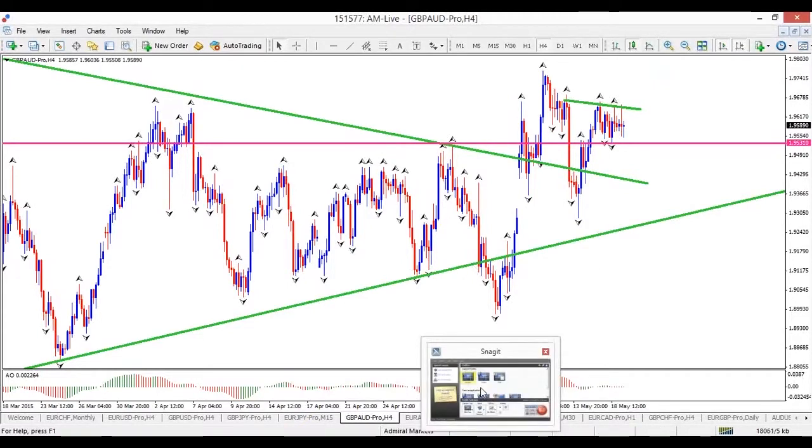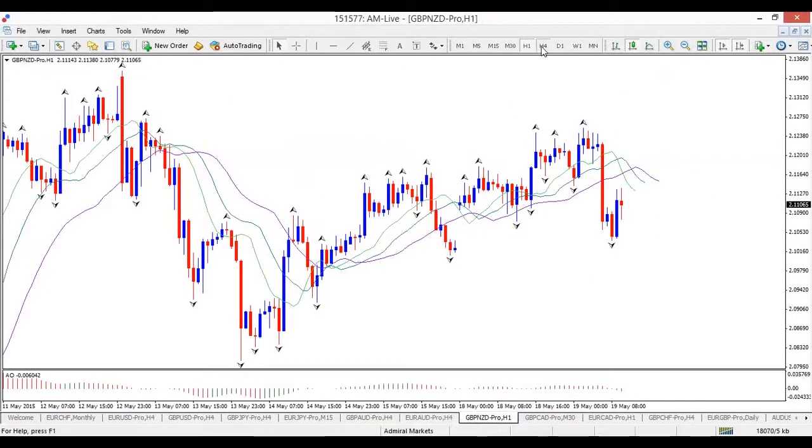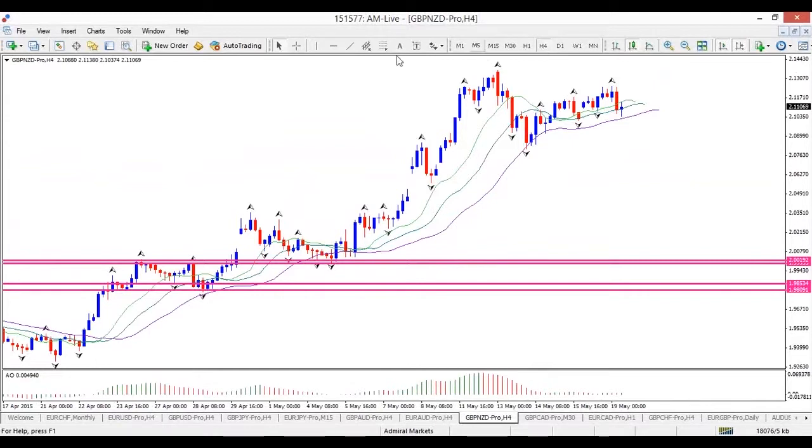Okay, we'll take a look at pound New Zealand, and then we can take a look at the dollar CAD. Pound New Zealand is breaking this trend line here.